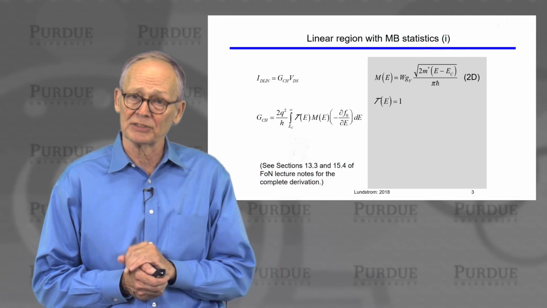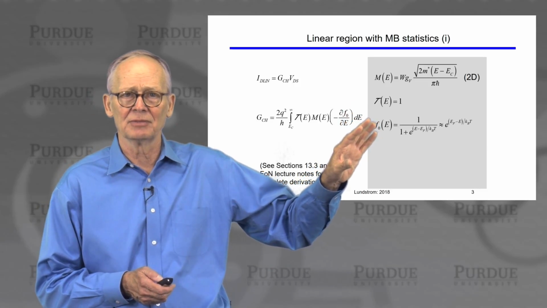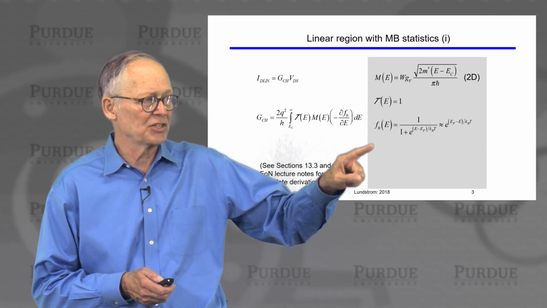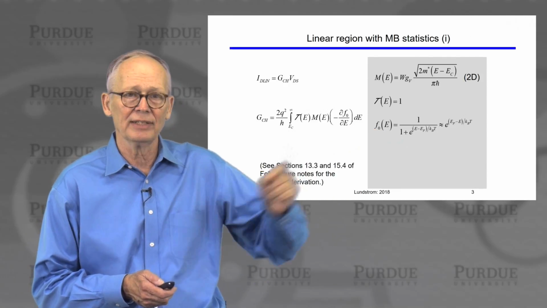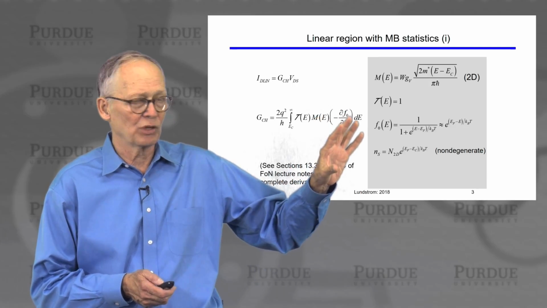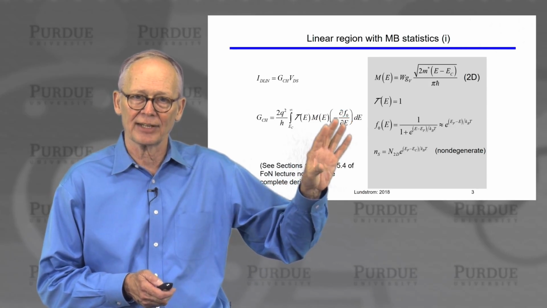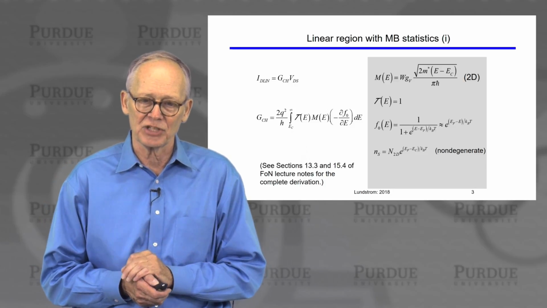We're going to assume ballistic transport. We're going to assume the Fermi function, but we will make the approximation that we're in the non-degenerate limit, so we can ignore the 1 in the denominator here. We also will try to relate this to the sheet carrier density, the number of electrons per square centimeter in the channel.